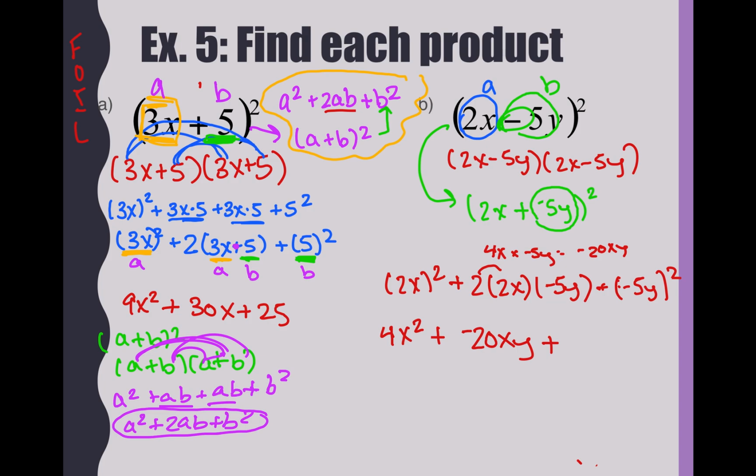We need to square both terms here because they're multiplying. Negative 5 squared is 25, because when we square a negative, it becomes positive. And y squared is just y squared. So right here is my final answer.